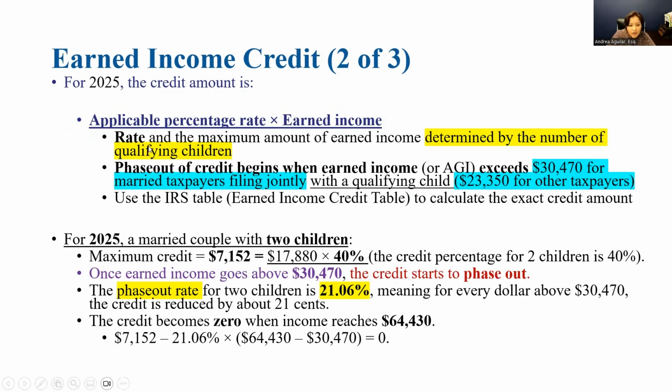And this is the maximum amount of earned income determined by the number of qualifying children, as you saw previously. We need to see how many children you have, and also we need to see your filing status. Then there's another amount that you need to remember.